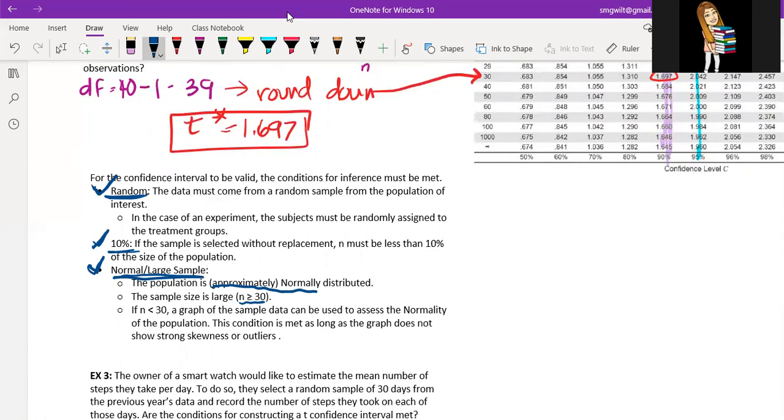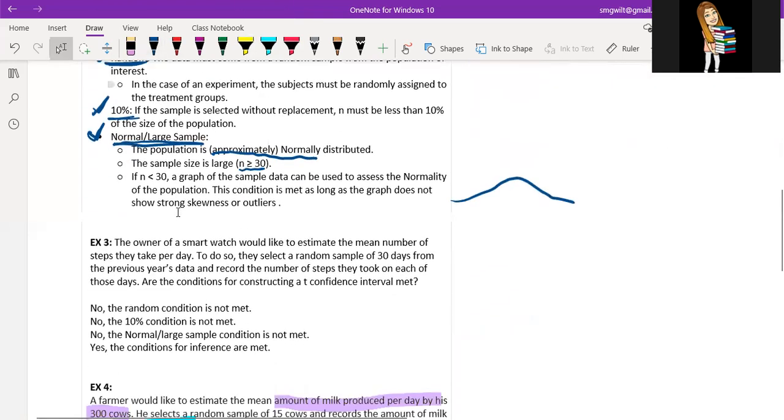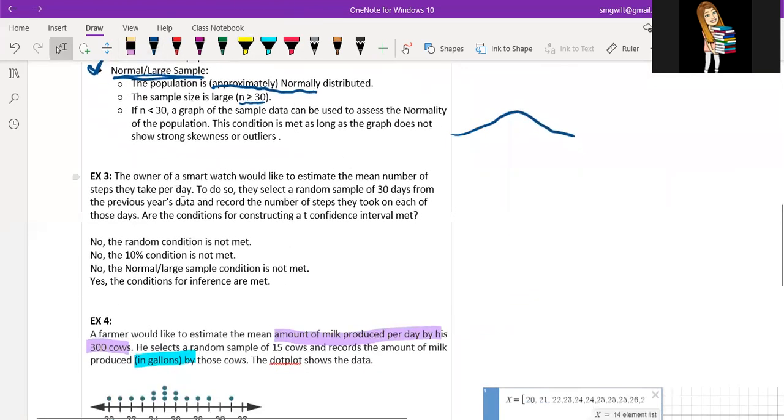If we're looking for a graph that is pretty symmetric and unimodal, then it's going to look approximately normal. So we're looking at the graph in that situation. For examples 3 and 4, we're going to use those steps. For 4, we're going to go a little bit further and calculate something else.